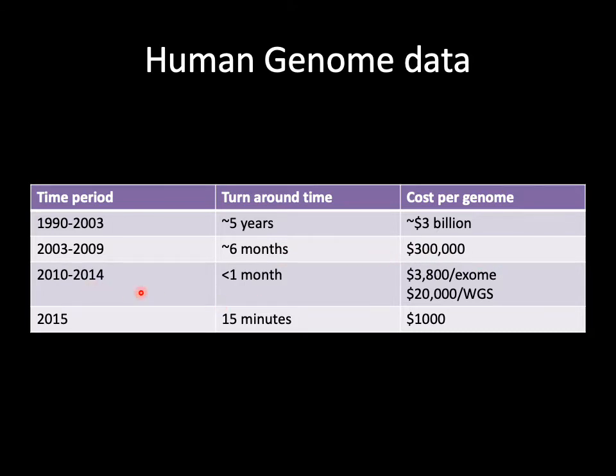Between 2009 and 2014, in less than 1 month, we could turn the sequencing data around, and for exomes the cost was 3,800, and for whole genome sequencing, 20,000. From 2015, it now only takes 15 minutes, and the cost of the genome is about $1,000.